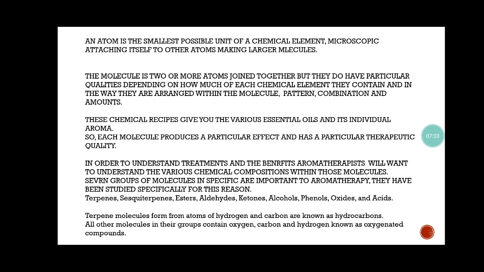So these are the ones you want to probably make notes of if you are interested in aromatherapy, because if you go to the label and you look at chemical constituents, it will tell you whether it's got the terpenes, the alcohol, how much it's got in it as well, oxides, acids, ketones. You'll want to read all that and understand, well, it's got this and this and this in.